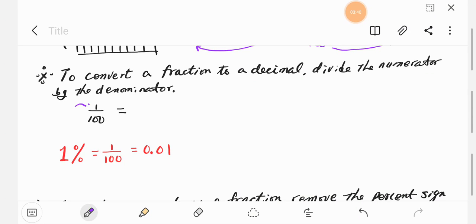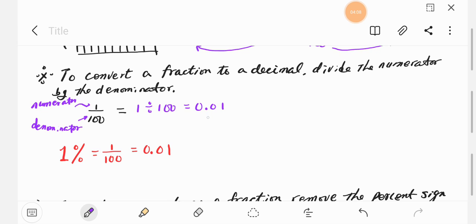The top part is the numerator and the bottom part is the denominator. The fraction means you are dividing 1 by 100. So when you divide the numerator 1 by the denominator 100, this is equal to 0.01. It's a fraction, it's a division, so just divide.